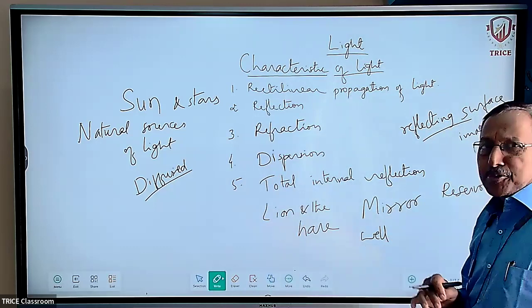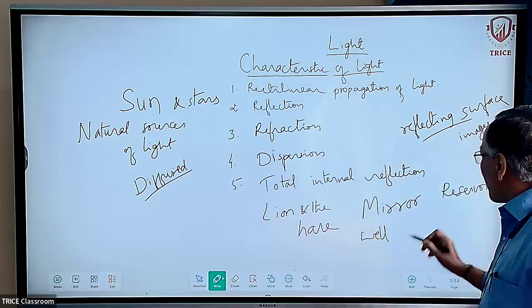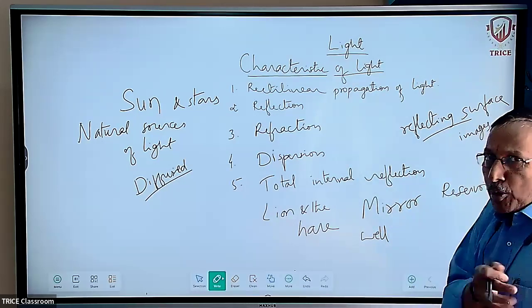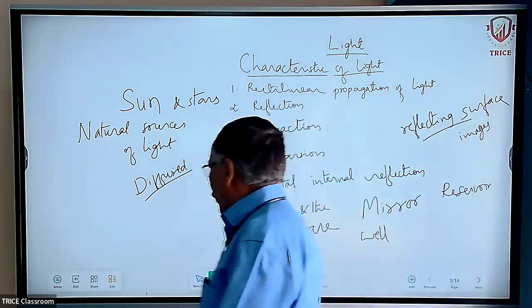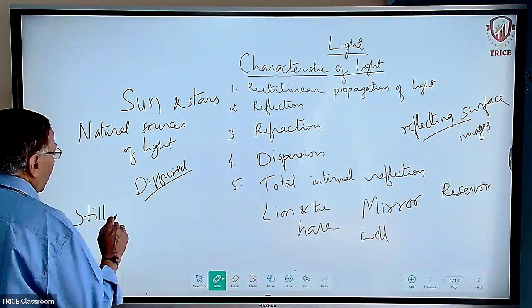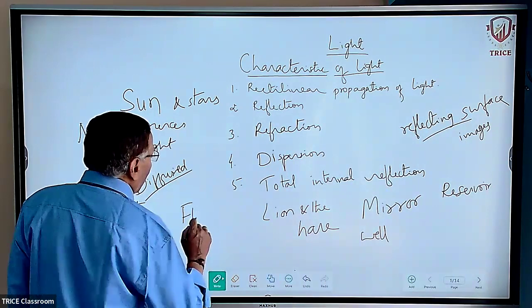The gist of this story is the reflecting surface, water acting as a reflecting surface. We can see it now also. See, there are two types of waters. One is still waters, and second, flowing waters.